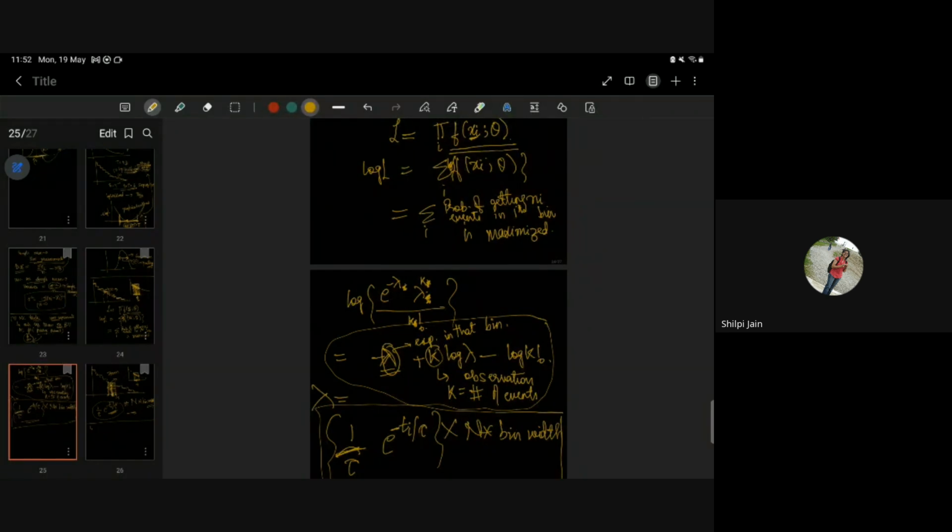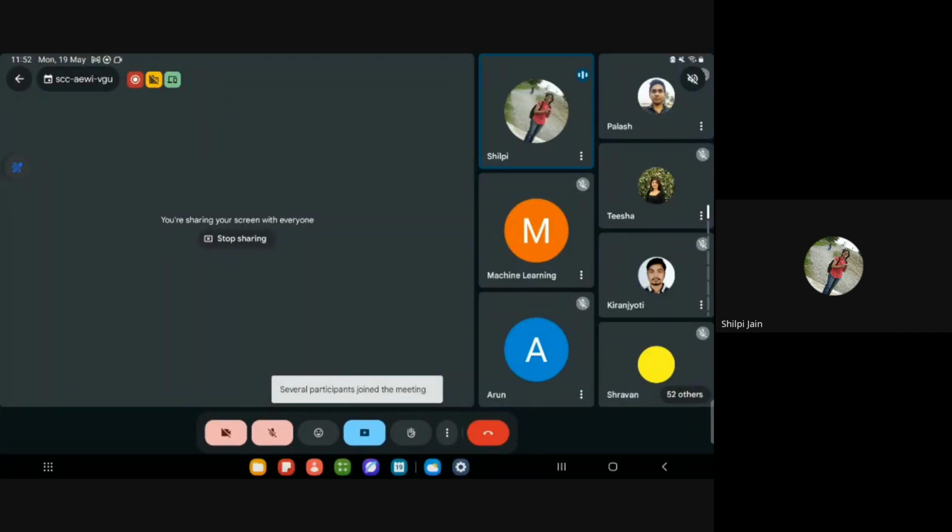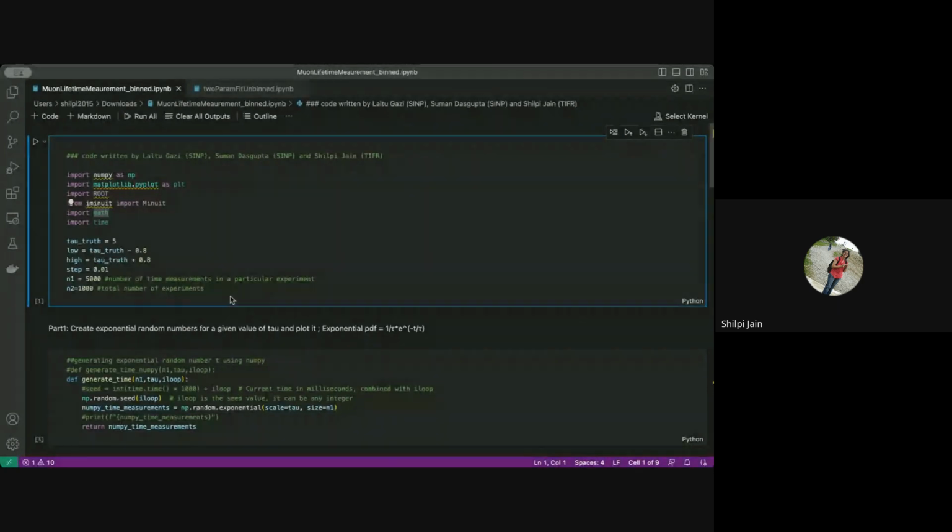Before that, let me also share my code. Actually, I'll just show what baseline I have. I'll provide this partially written code.